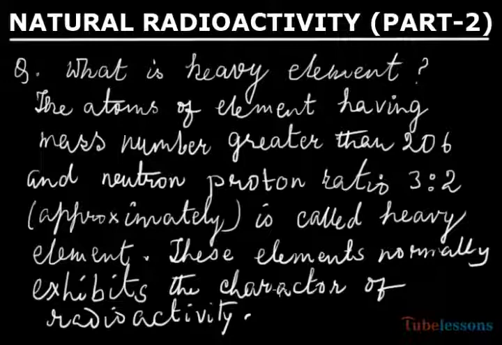For the first time, she got the Nobel Prize with her husband, Pierre Curie, for the discovery of polonium, and this Nobel Prize was given for chemistry. Polonium is one of the radioactive elements. Plutonium, radium, etc. are radioactive elements, and all have mass number greater than 206.